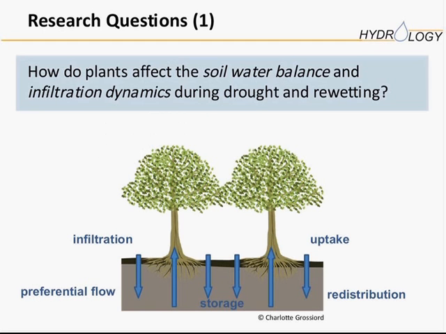So our first research question was, how do plants affect the soil water balance and infiltration dynamic during drought and re-wetting? That's more or less how the roots, how the structures that are changing on the root water uptake may change the infiltration, maybe due to preferential flow. This is not the topic of the whole project, but not in this context now.